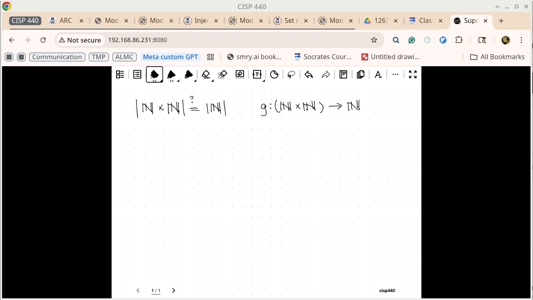So the best way to describe this g function is to think of it like this.